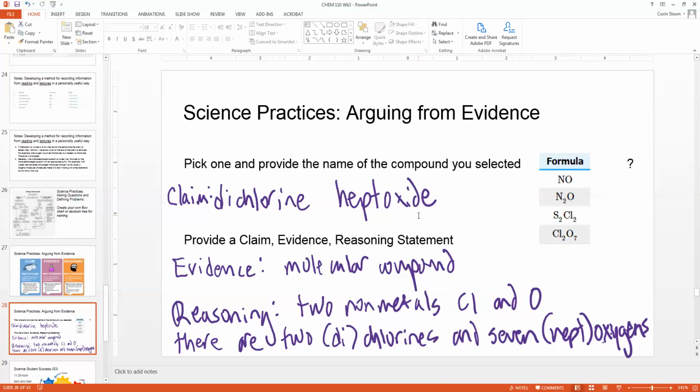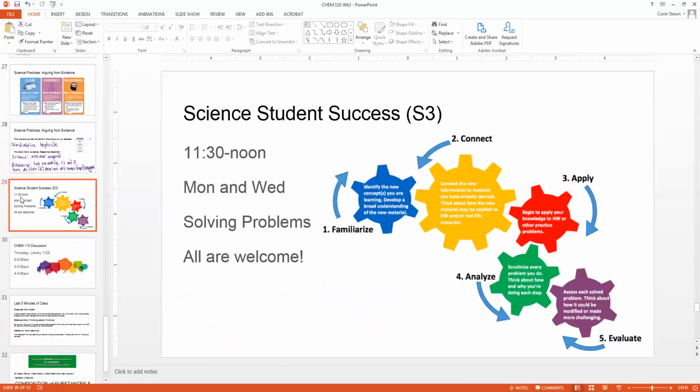So heptoxide. Note, right? There sometimes can be more than one piece of evidence or sometimes more than one reasoning. And that's okay, right? That's part of building the structure of how you support your claim. So if you have more than one piece of evidence or more than one piece of reasoning, that's totally okay.